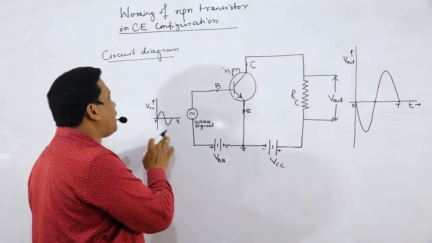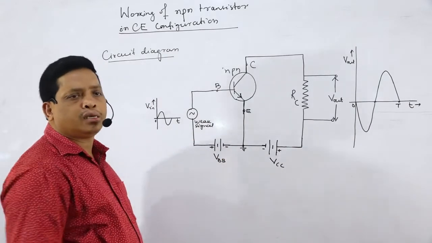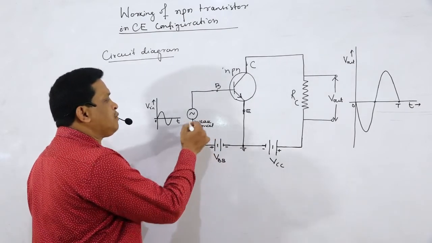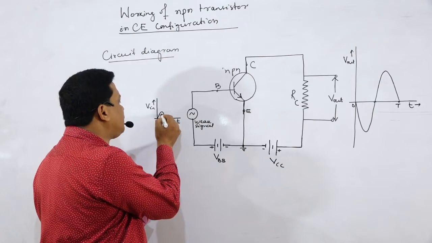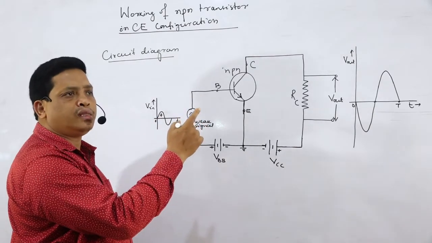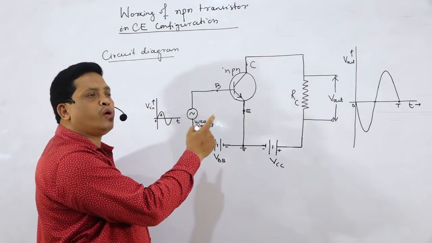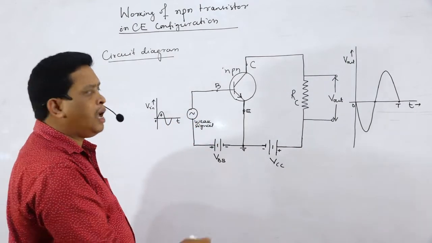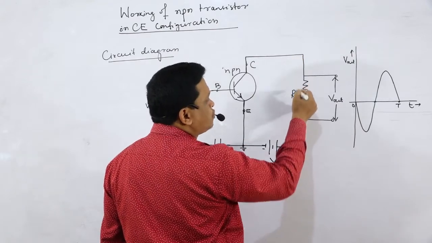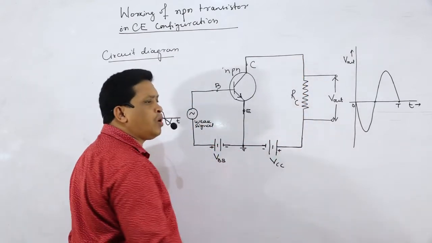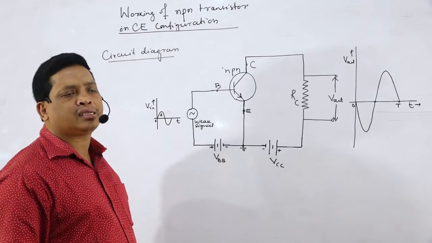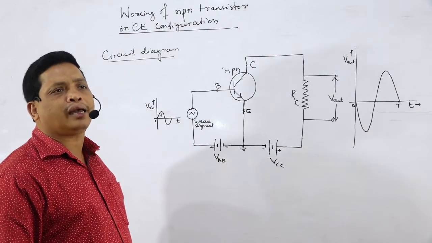But as we have applied alternating voltage, weak signal to the input, during the positive half cycle of input, the input current will increase, so input voltage will increase, and the output current also increases, giving rise to maximum voltage drop across load resistance RC, and also the output voltage increases but in the negative half cycle.